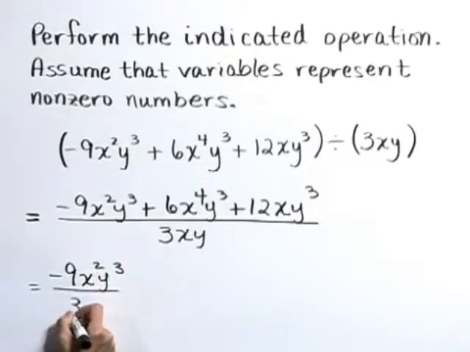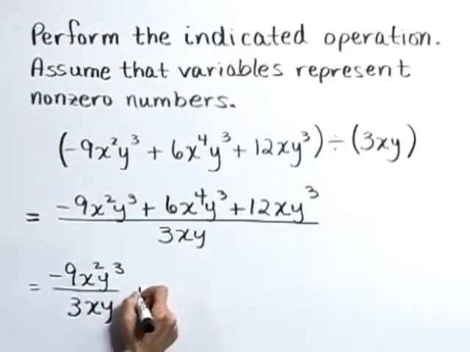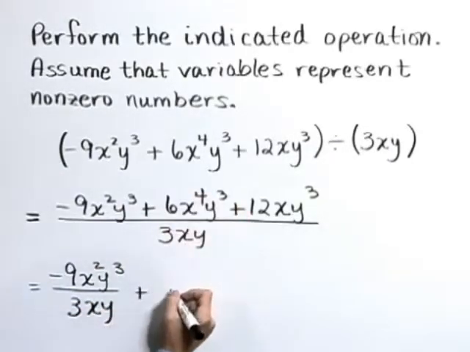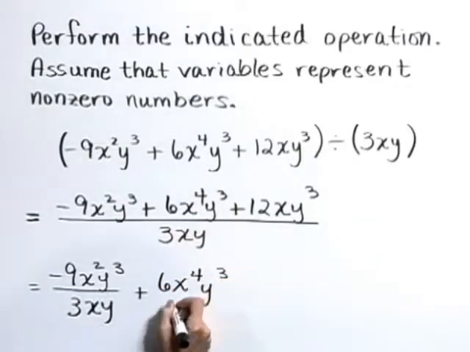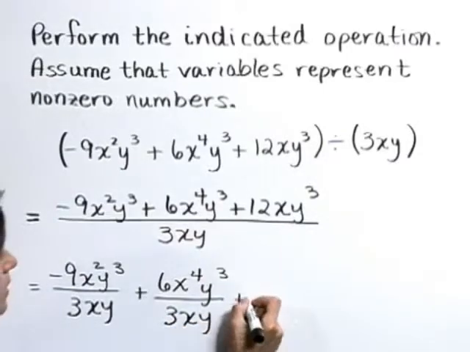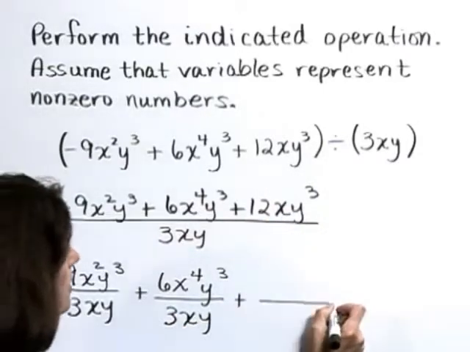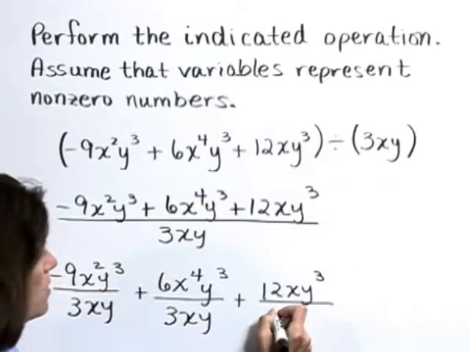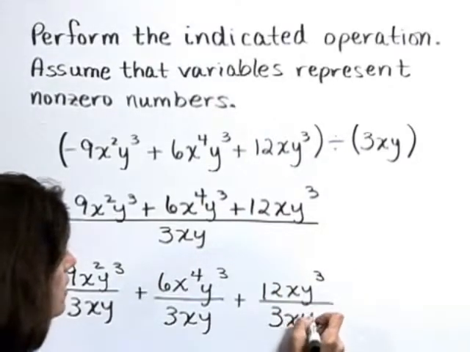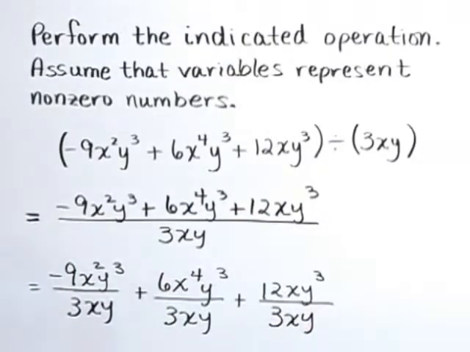It's going to be divided by 3xy, plus our second term in the numerator, 6x to the fourth y to the third, also divided by 3xy, plus our last term in the numerator, 12xy to the third, over or divided by 3xy.